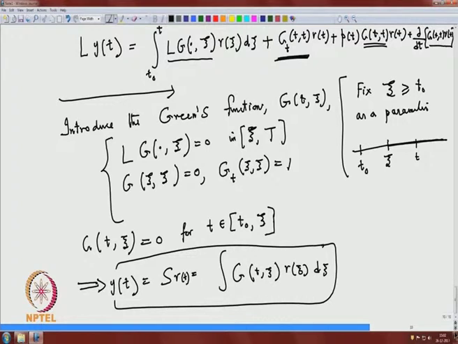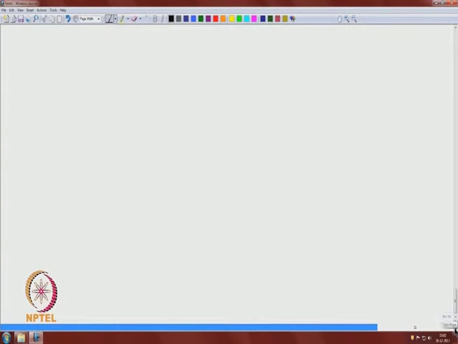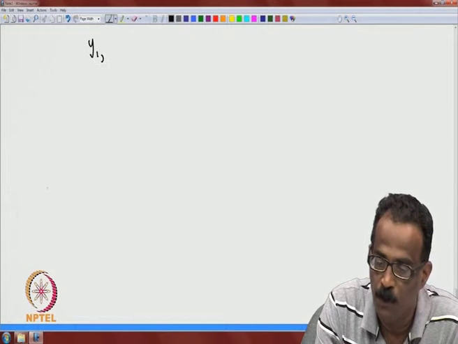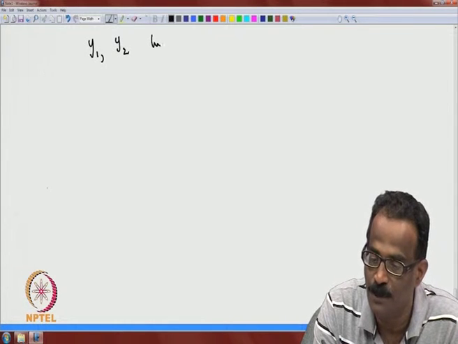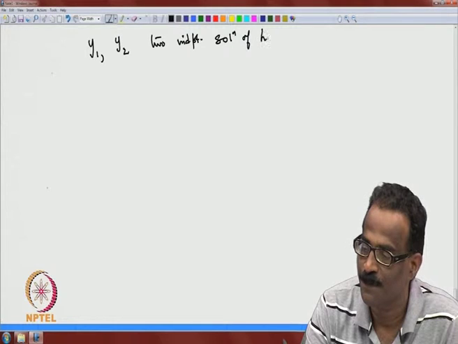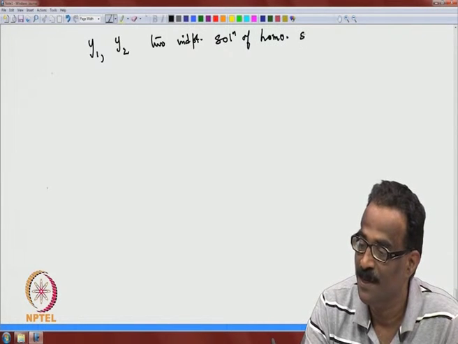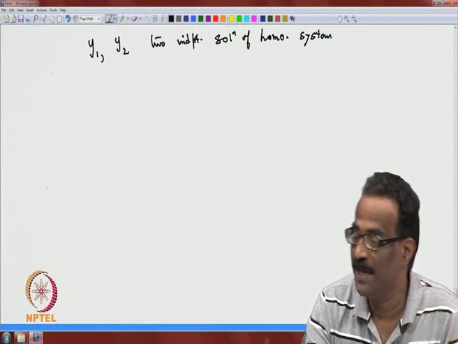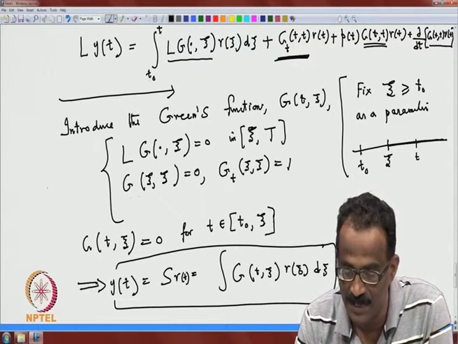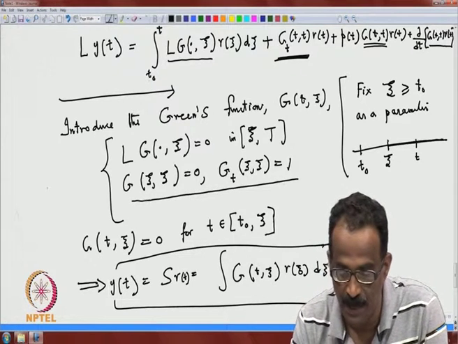And you can actually do a little more using the variation of parameters, etc. Suppose y1 and y2 are two independent solutions of the homogeneous system. Even though it is a homogeneous system, you have a non-homogeneous parameter.